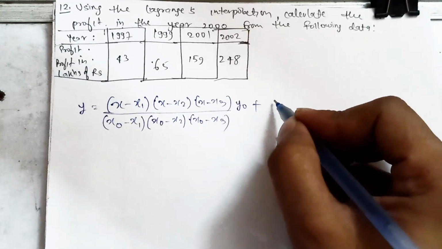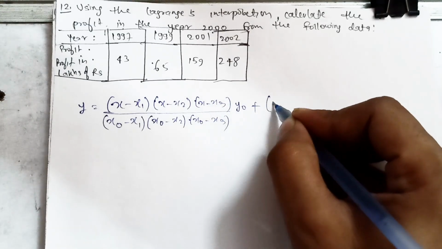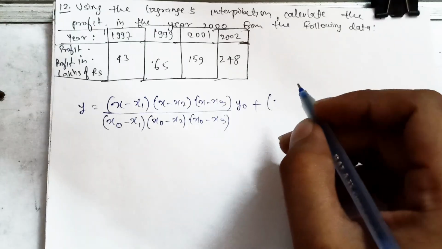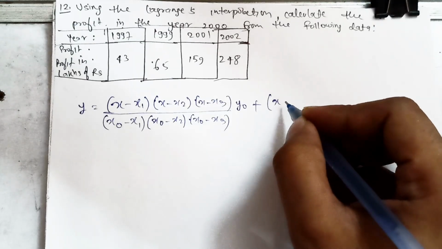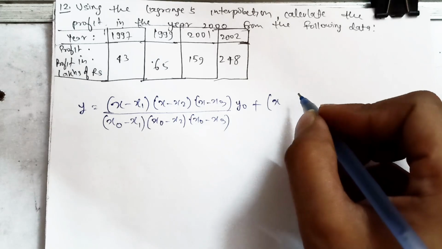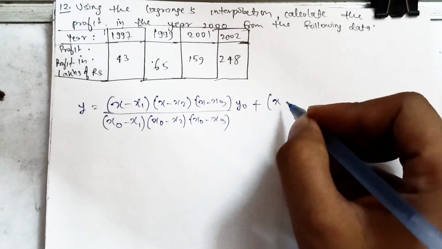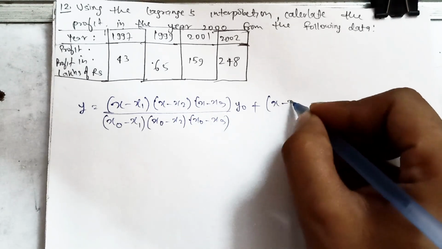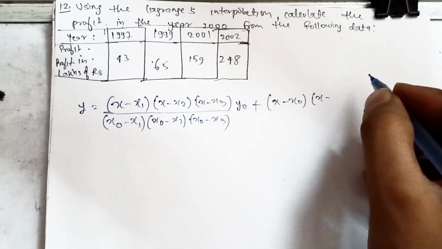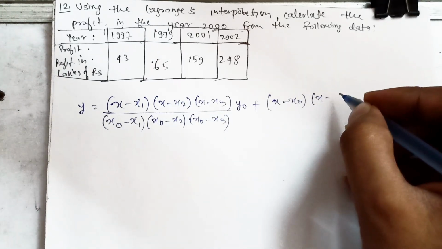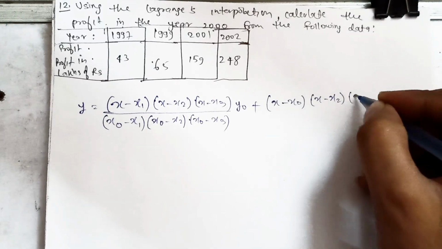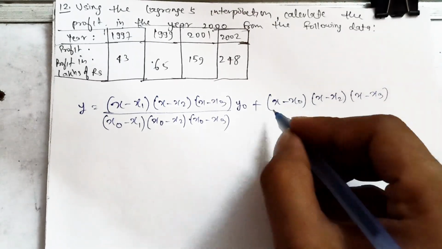Next, in the second term, we cancel the term x1. In the numerator we use x minus x naught, and we don't need x1 here since we neglect it, so we use x minus x2 directly, then x minus x3.